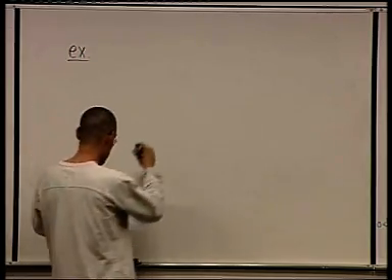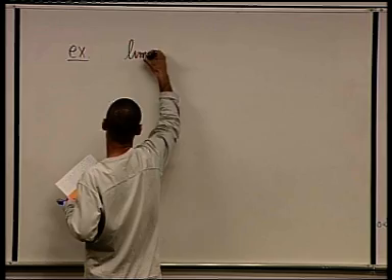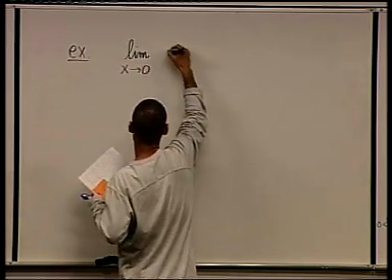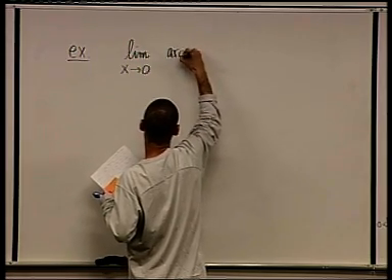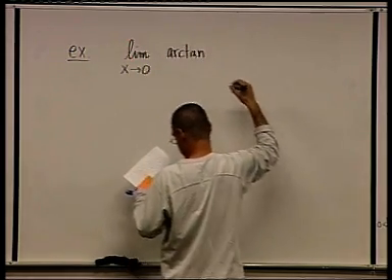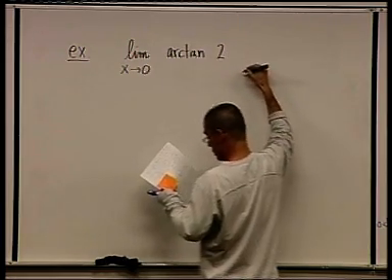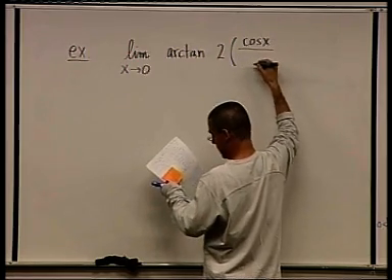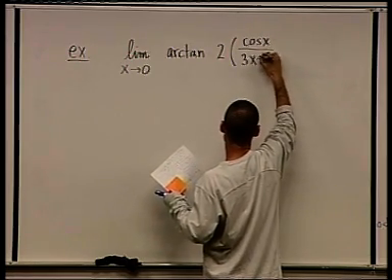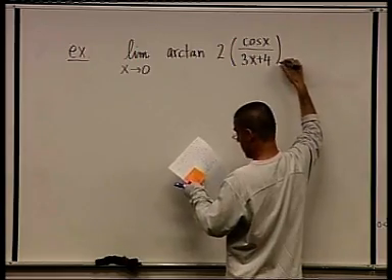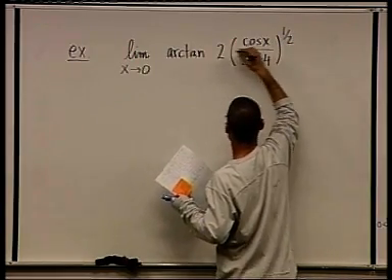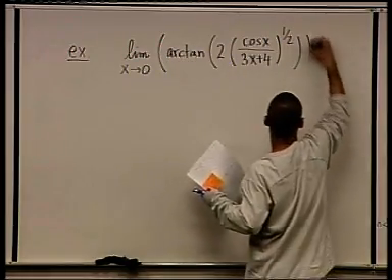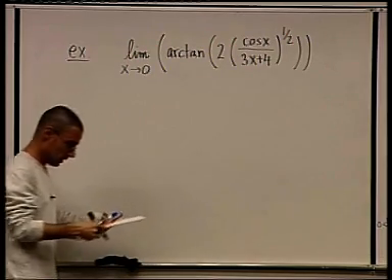Suppose you want to calculate the limit as x goes to 0 of arctan of 2 cosine x divided by 3x plus 4, all of this to the power 1/2. There are some more parentheses here. Okay, we want to calculate this limit.